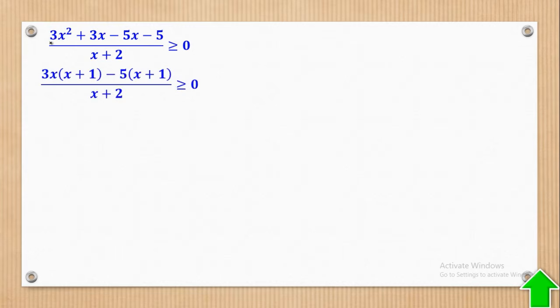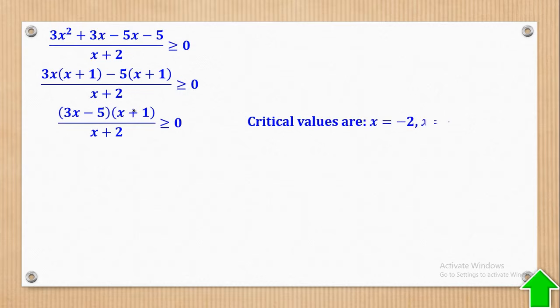Then 3x is common for this part, and -5 is common here. So pull out 3x here to remain with that, pull out -5 here to remain with that. Then this and this is common. Therefore, I can pull it out to remain with 3x minus 5, which is this, and this side will be that. Now that I've factorized, I can get my critical values.